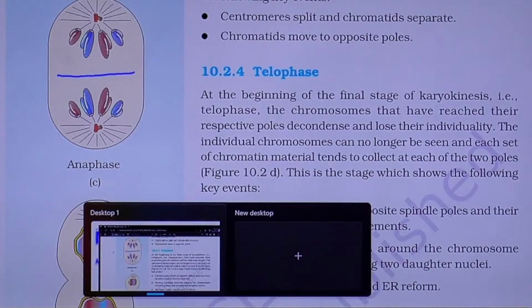Here the poles will be like this. One pair of sister chromatids will be at one pole, and another pair of chromatids at the opposite pole. So this will be the structure.